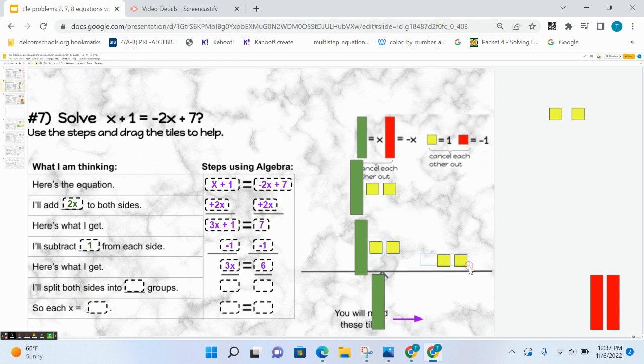I'm dividing both sides up into 3 groups. I can show that by putting 3 underneath, because the fraction bars really do mean divide. After I divide each side up into 3 groups, I can tell that each x is equal to 2. Each missing number x balances with 2. So my last step on my equation would be x equals 2.